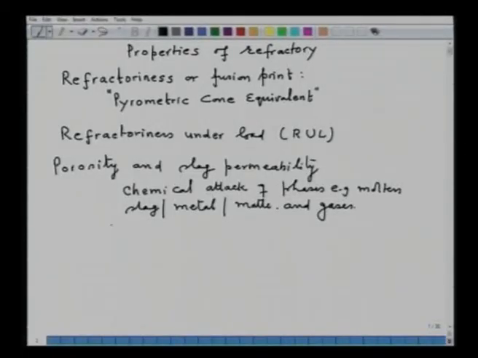So, that means porosity decreases thermal conductivity. That means higher is the porosity, the material will have low thermal conductivity, and on account of which the insulating property of the refractory can be imparted by producing the porous refractory.